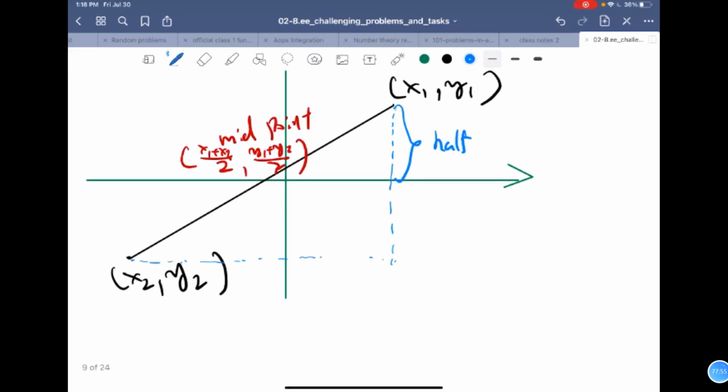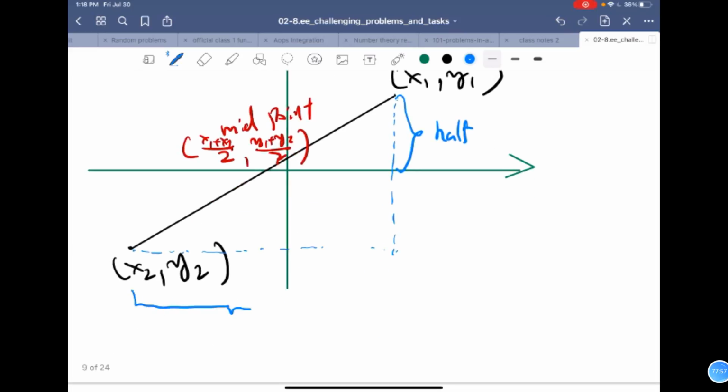And you have the horizontal component, right? Intercepts. At this point, this becomes the midpoint.